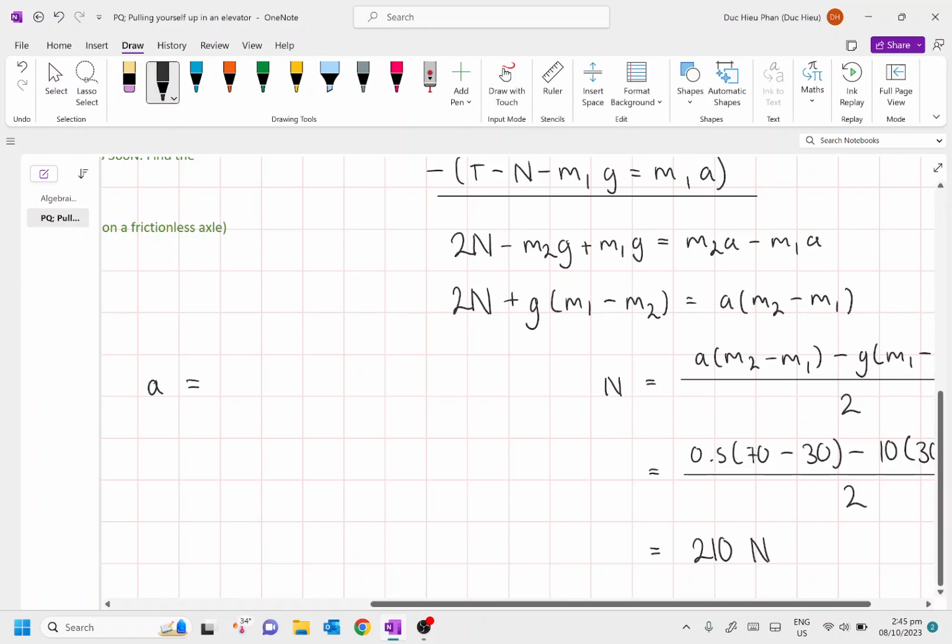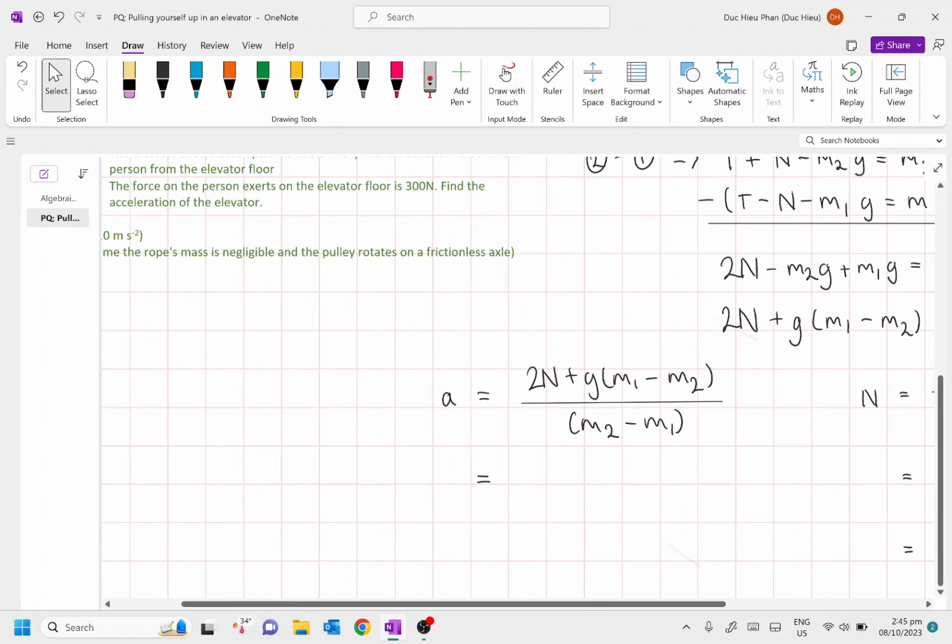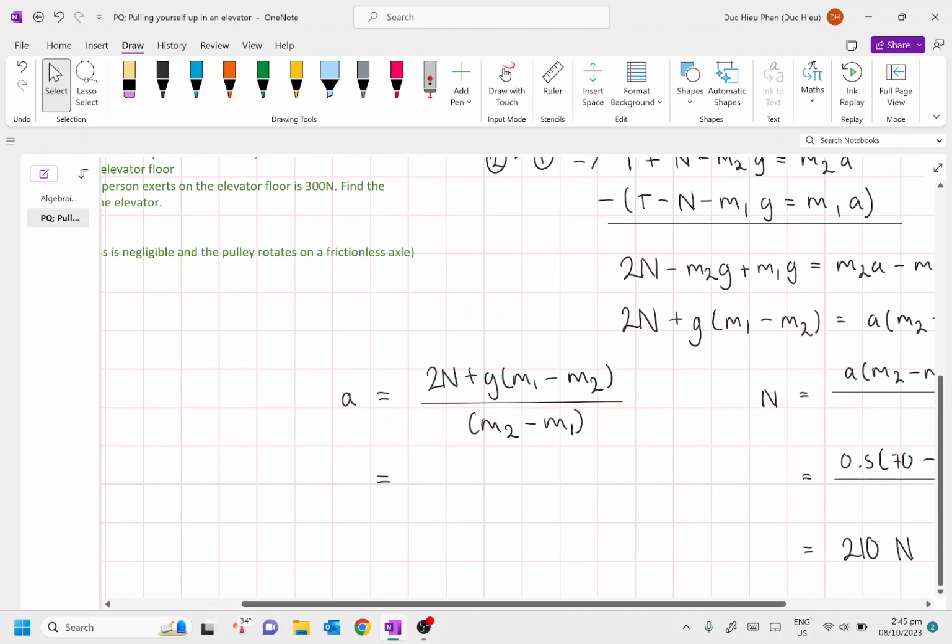So a would be equal to 2n plus g times n minus 1, m1 over m2 minus m1. All right. So here, the normal force is 300.